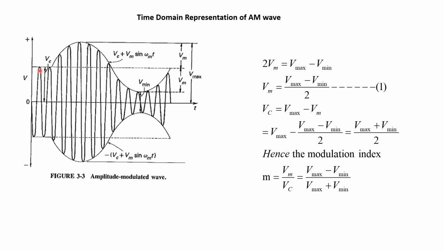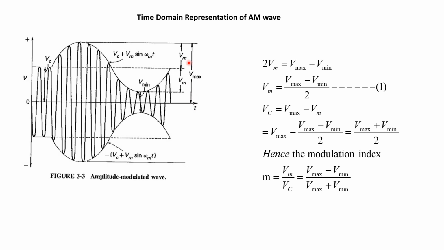And what is Vc? Vc is the amplitude of the carrier wave. If Vc is the amplitude of the carrier wave, then we can see from this figure that Vc is equal to V maximum minus Vm.